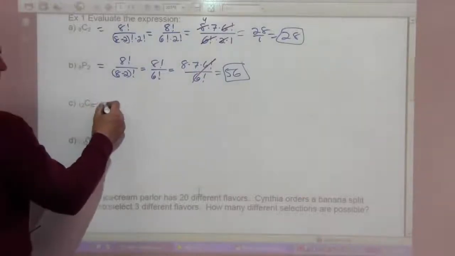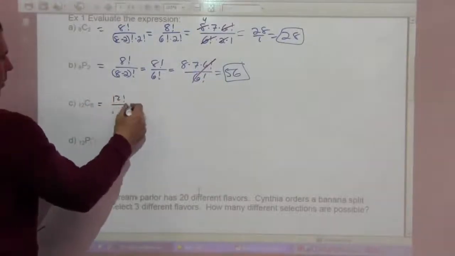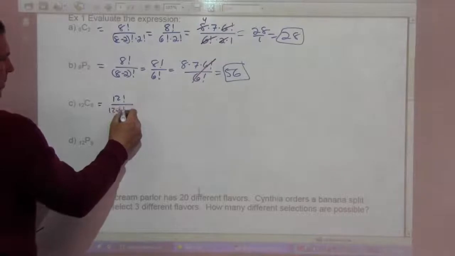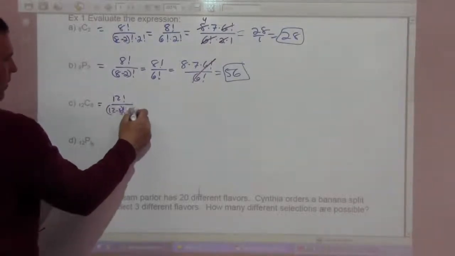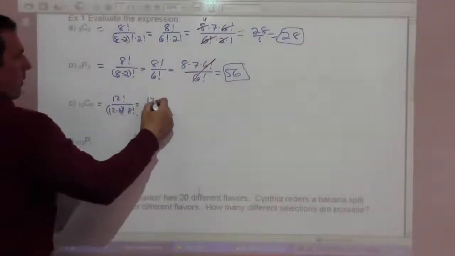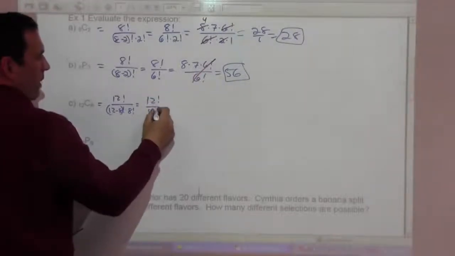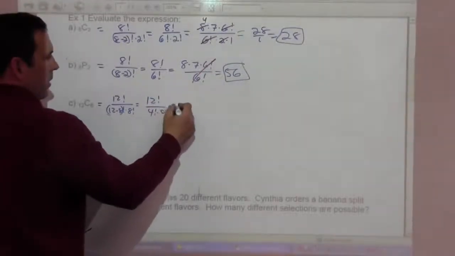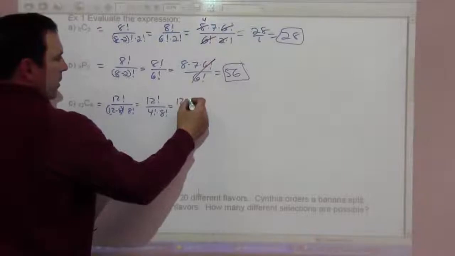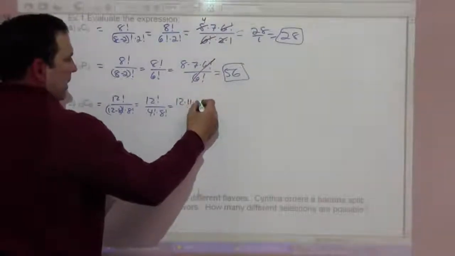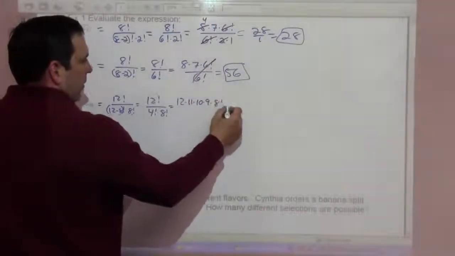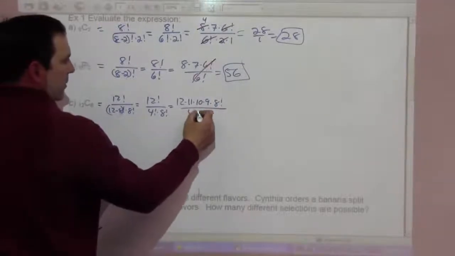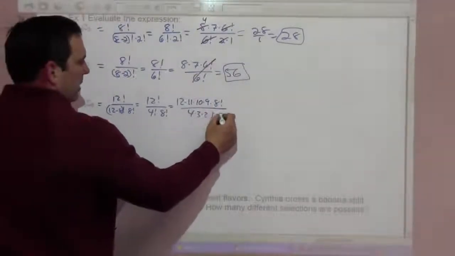12 choose 8 is going to be 12 factorial over 12 minus 8 factorial times 8 factorial. That's 12 factorial over 4 factorial times 8 factorial. 12 times 11 times 10 times 9 times 8 factorial over 4 times 3 times 2 times 1 times 8 factorial.